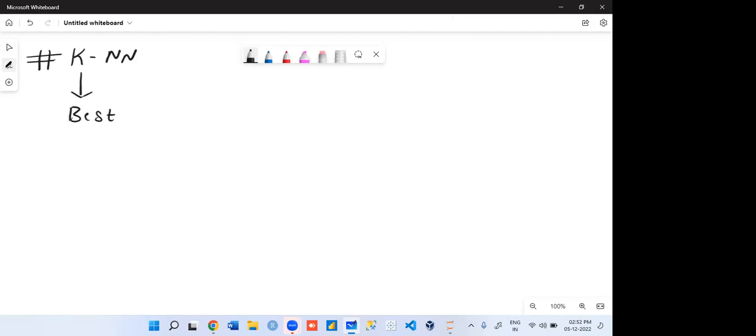First is random: you can change and select the best value based on accuracy. Second, we can use the square root of n. And the third one is k-fold. Random, square root, k-fold.